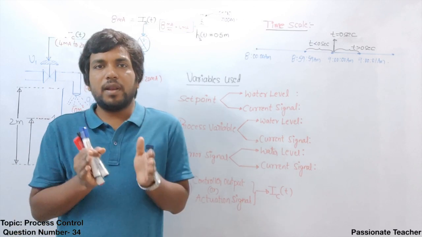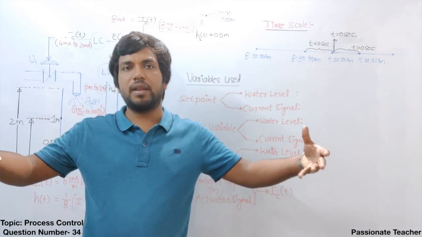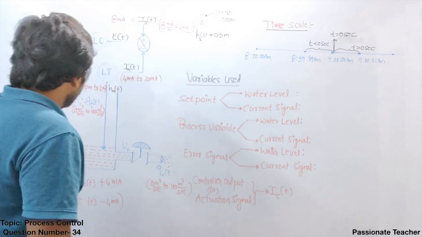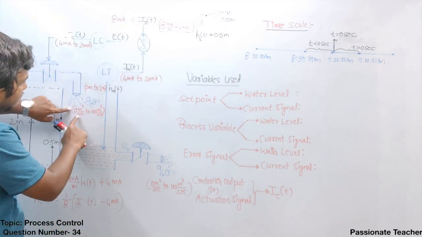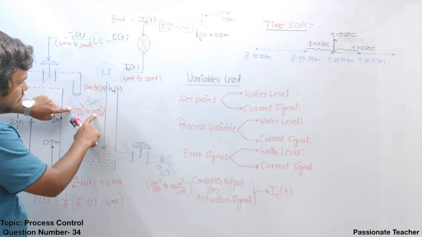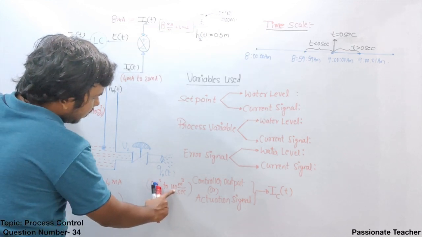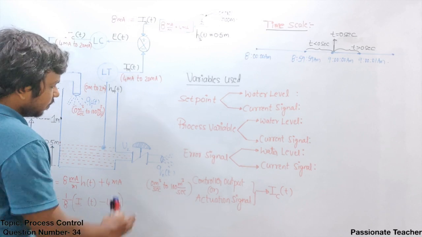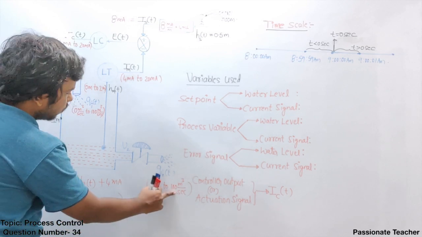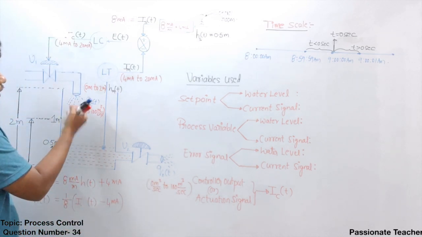Now let us discuss the ranges of each and every variable here. We have seen that the input flow rate can change from 0 meter cube per second to 100 meter cube per second, and the output flow rate can change from 0 meter cube per second to 100 meter cube per second. That means fully closed to fully open, fully closed to fully open.